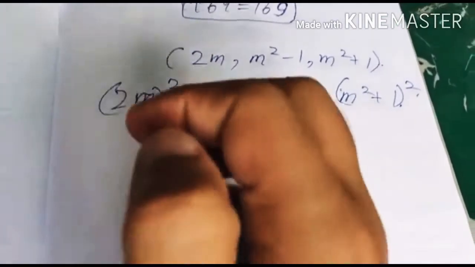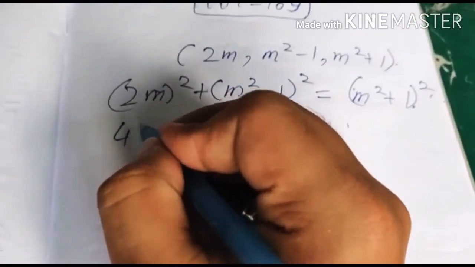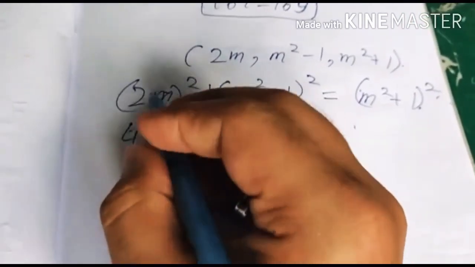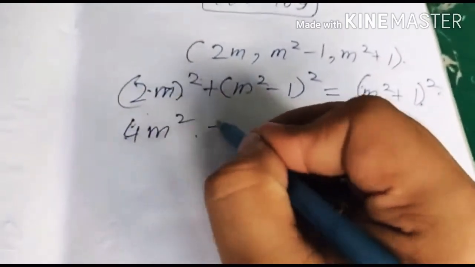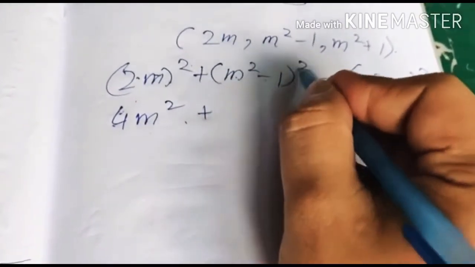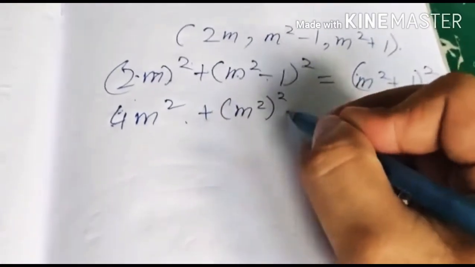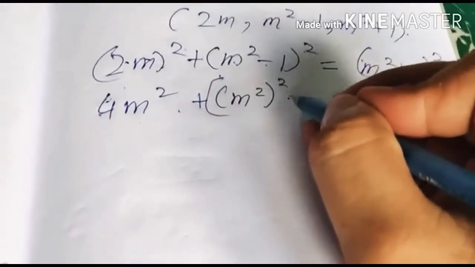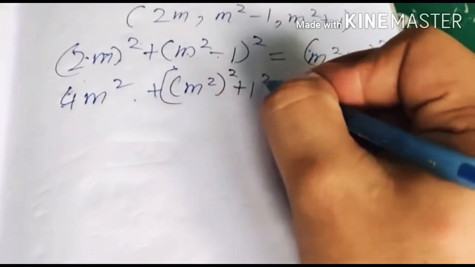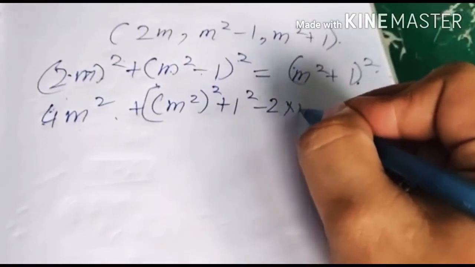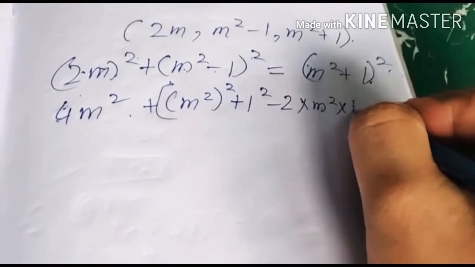Starting with it, we get 4m square, plus m square minus 1 whole square, that is m to the power 4 plus 1 minus 2 into m square into 1.